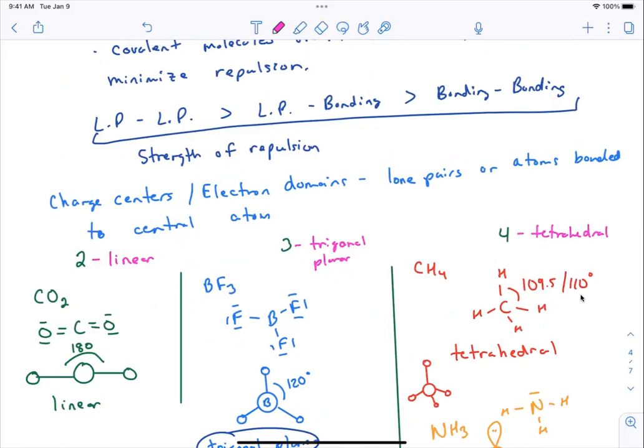Okay. All right. So that is all the shapes.